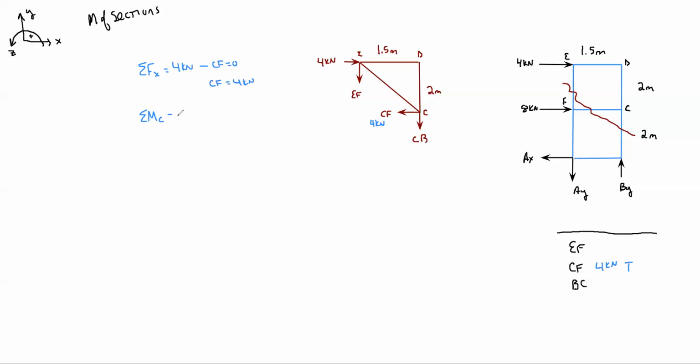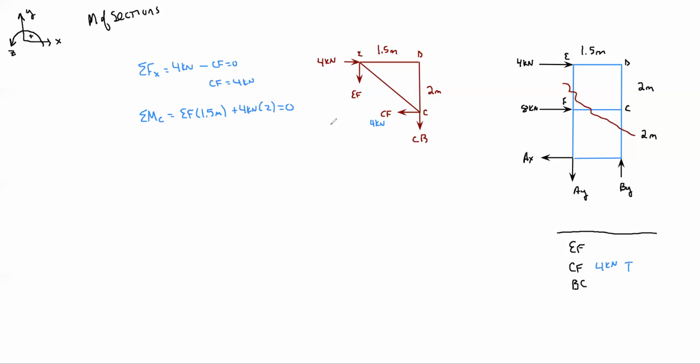So moment about C. So if I'm taking a moment about C, CF and CB are not players. EF is a player, and it is 1.5 meters perpendicular distance away from point C. And the 4 kilonewton external force is a player, and it is 2 meters away from point C.